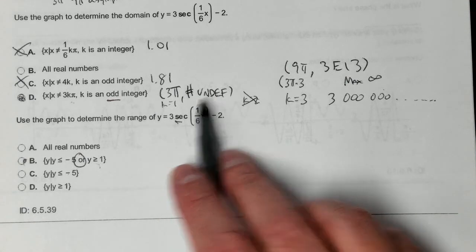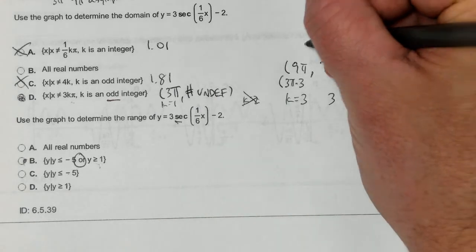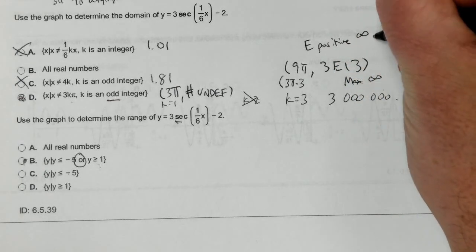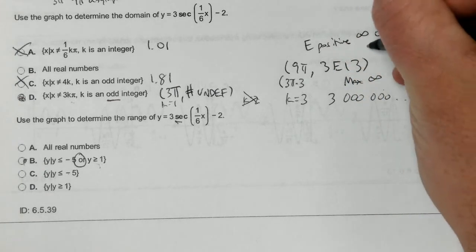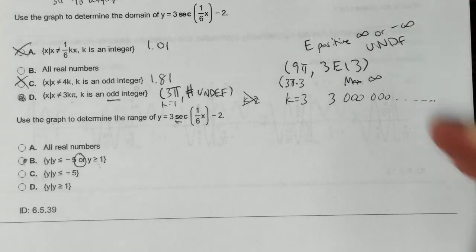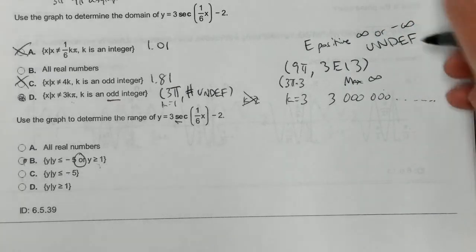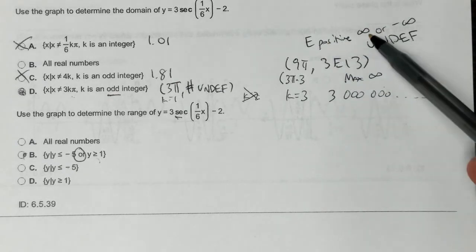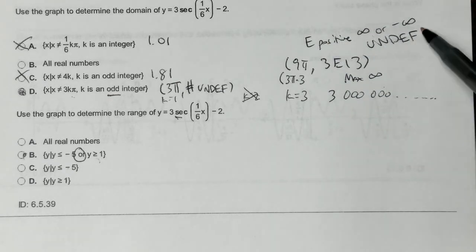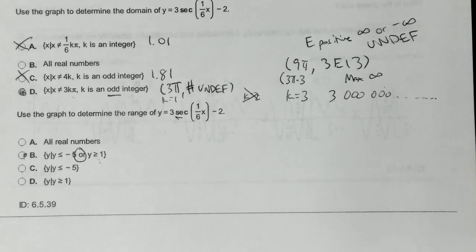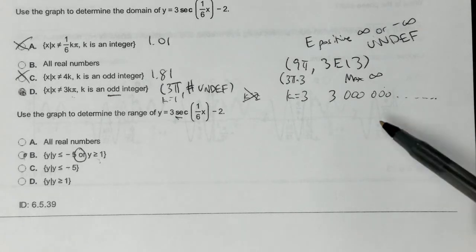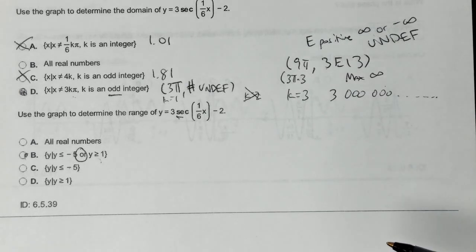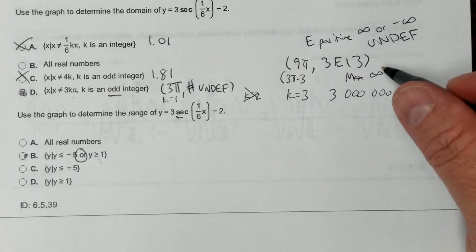So if it's e to the positive? Yeah, e to a positive number should be either infinity or negative infinity, which is undefined, based on if it's like high up or low. But e to the negative is just 0, right? Well, let me show you what I'm talking about.